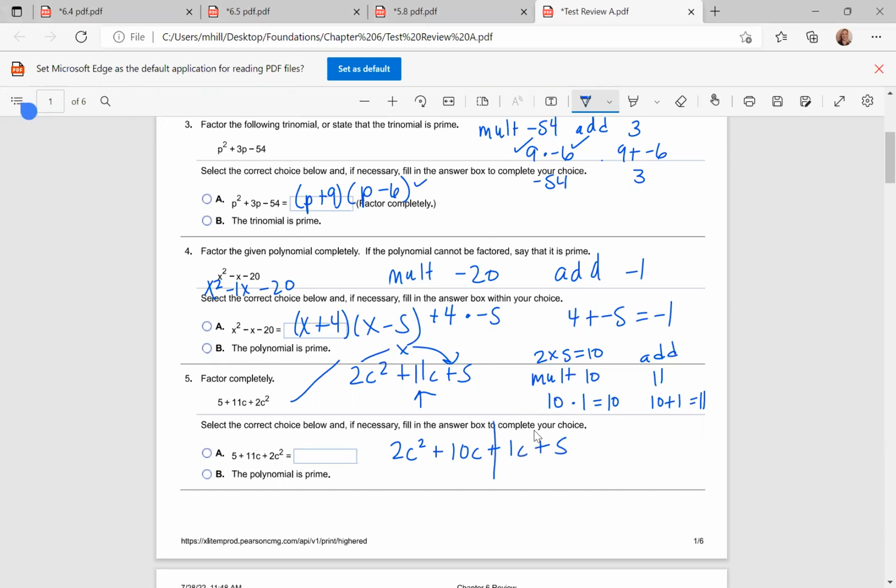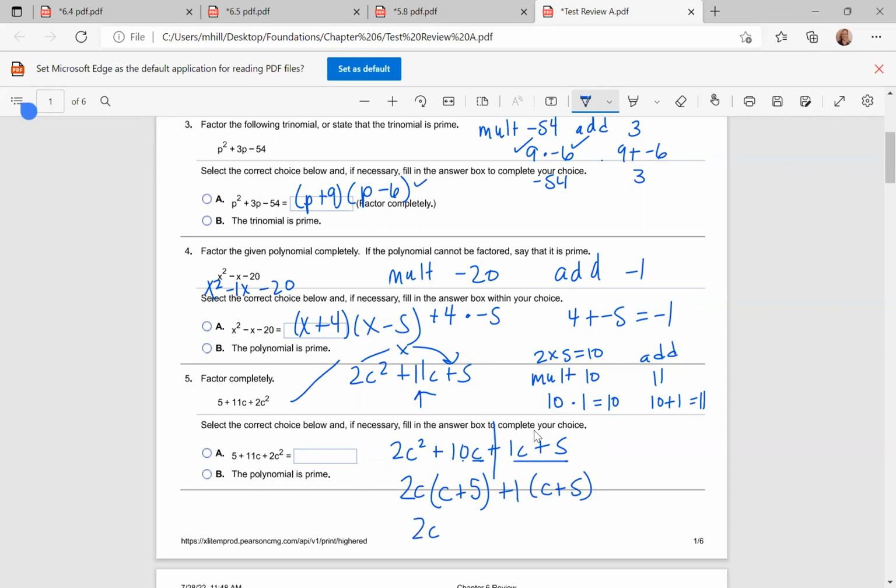So we would get 2c, we could factor out a 2c out of 2c squared and 10c. Well, if I take 2c out of 2c squared, that's going to get me c. If I take 2c out of 10c, that's going to get me 5. And we're supposed to have that over here, and we already do. So there's already 1c plus 5, so we would just put plus 1.